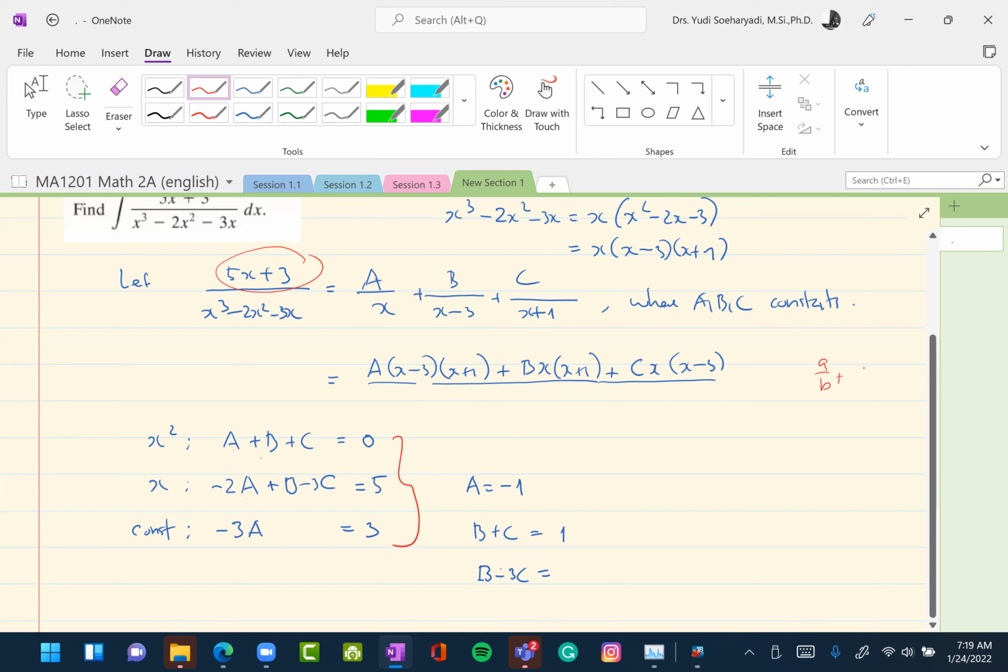A over b plus c over d, what do you do? Say 1/2 plus 1/3.